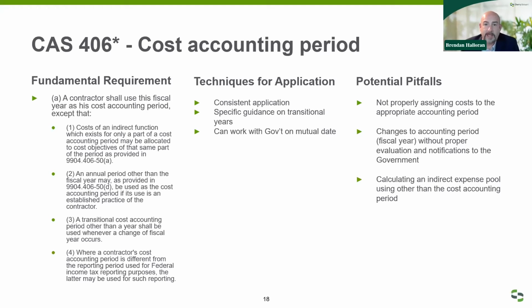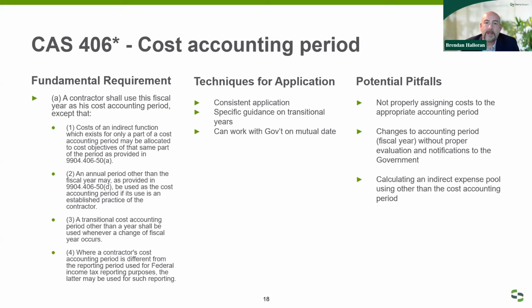There are limitations on how long that could be. But again, keep in mind that that's something that does need to be treated as a cost accounting practice change, and would need interaction with the government if you are CAS covered. So certainly something that you may look at as not really having much impact, but it certainly can, and the government's very sensitive to that.